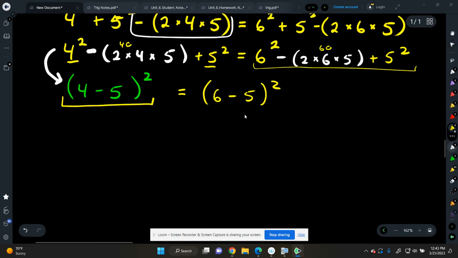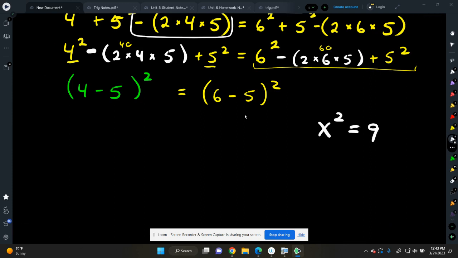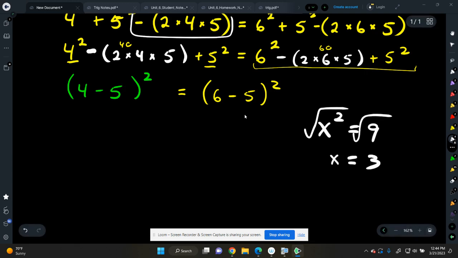Well, if I have something squared on both sides like that, like let's say that I had x squared equals 9. Then what does x equal? 3. We take the square root of both sides, right?